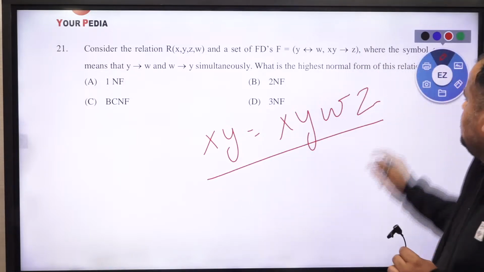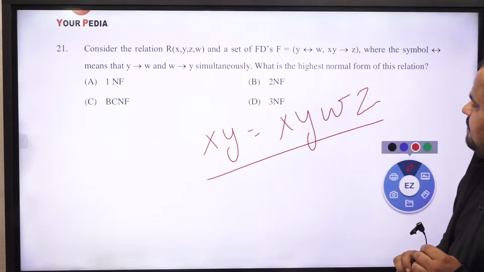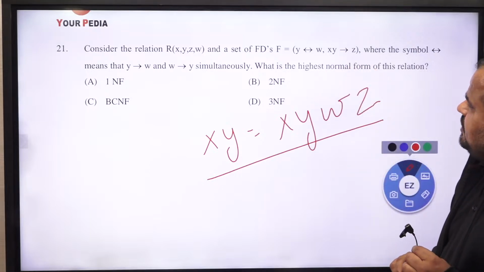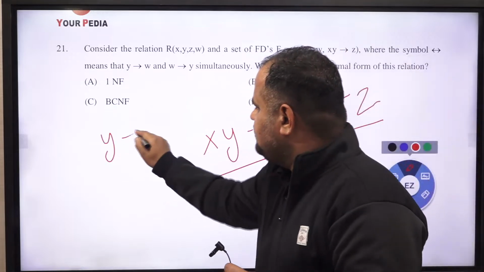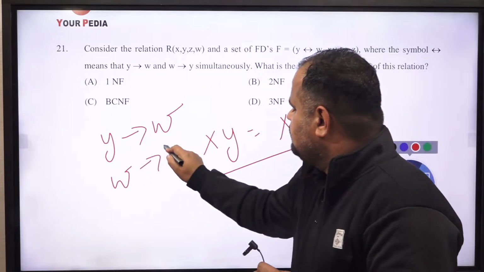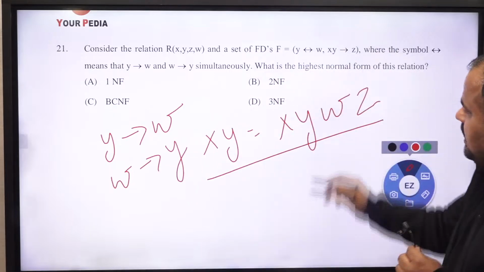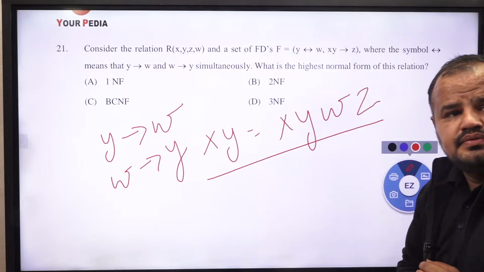Now tell me, is there any partial dependency? What is the meaning of Y? The meaning of this is Y determines W and W determines Y. Is there any other key? No. Now tell me, what is the right answer?